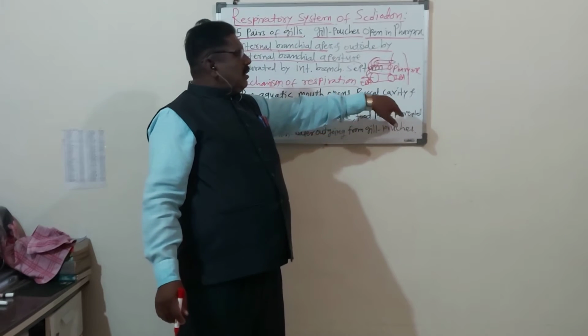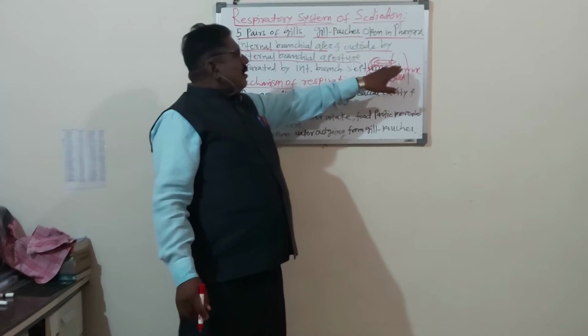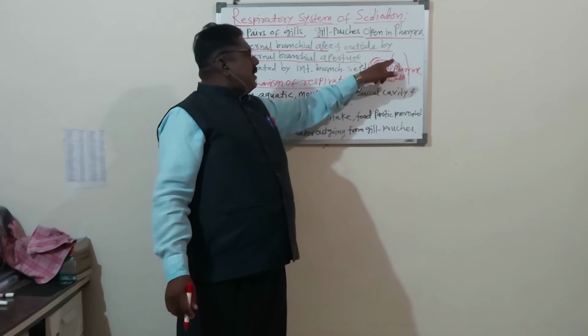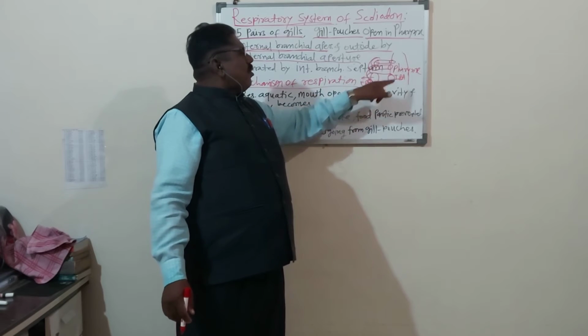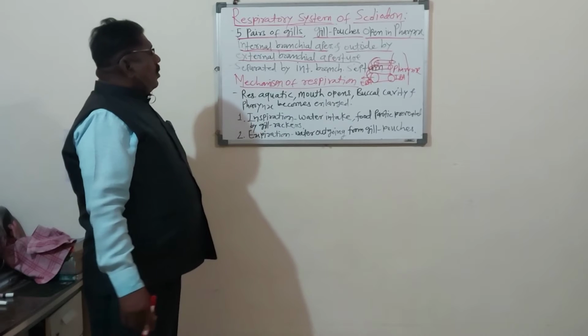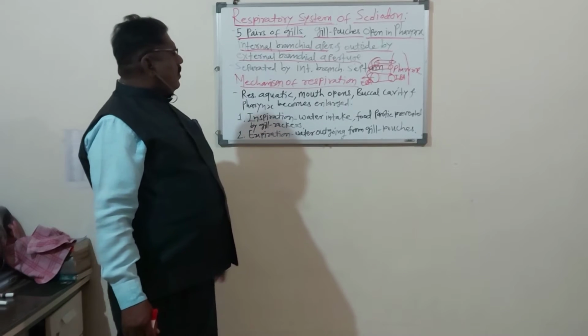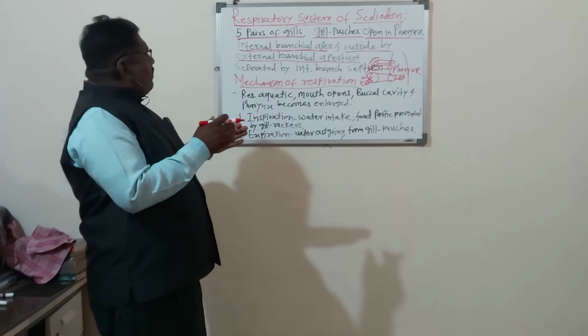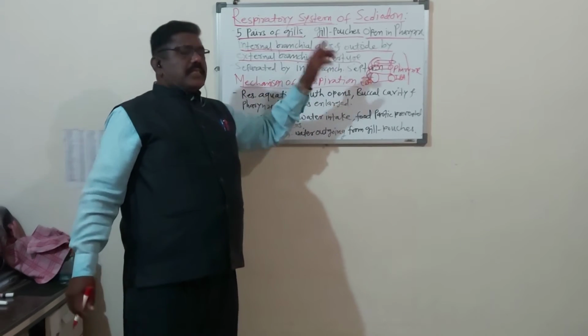Externally, the opening is called the external branchial aperture, and internally it opens in the pharynx, that is called the internal branchial aperture. These gills are separated by the interbranchial septum.